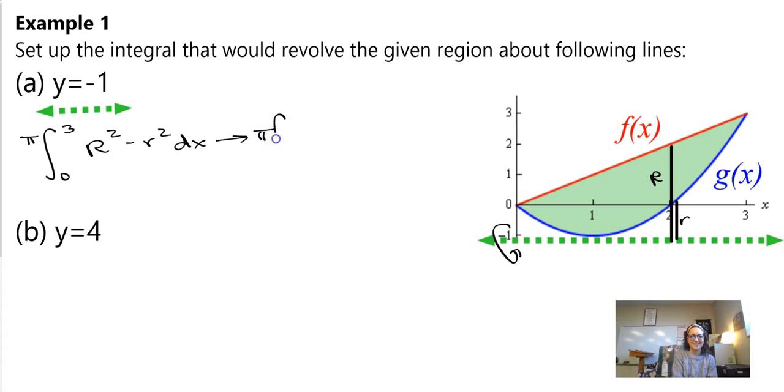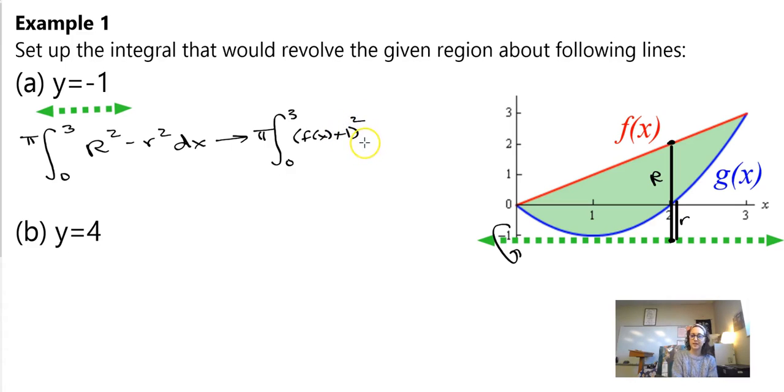Okay, so let's fill this in. I've got pi, integral from 0 to 3. Capital R, you said it's top minus bottom, so go to the top. That would be your red function, that's f of x, minus the bottom, which is what? It's just y equals negative 1. So capital R is going to be f of x minus negative 1, so that would be plus 1.